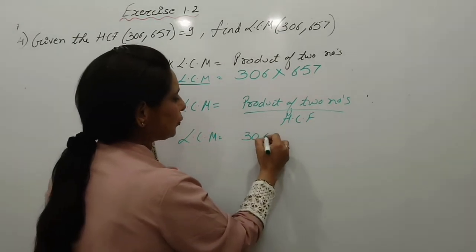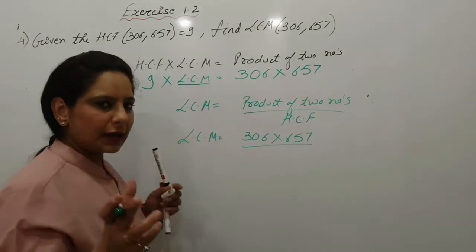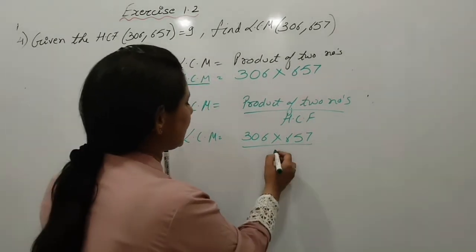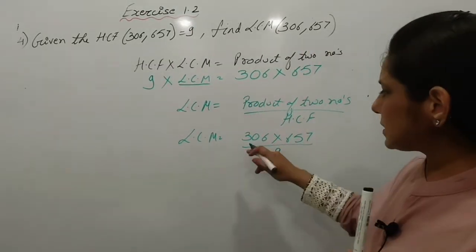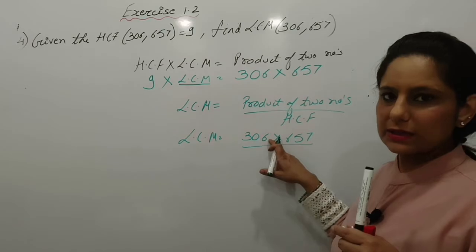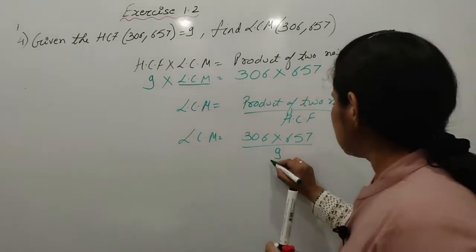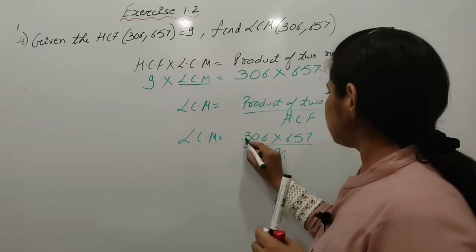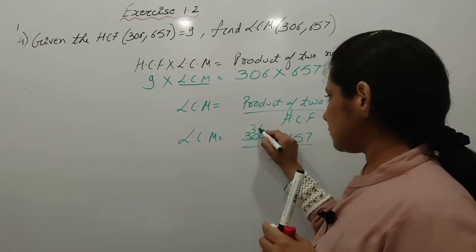By writing the product of two numbers और उसको हमें किससे डिवाइड करना है? HCF. हमारे HCF की वैल्यू क्या है? 9. So let us divide 9 से 306. 3 plus 0 is 3, 3 plus 6 is 9. Yes, 306 is divisible by 9. So हम उसको डिवाइड करते हैं. 3s are 27, 3 is left 4.